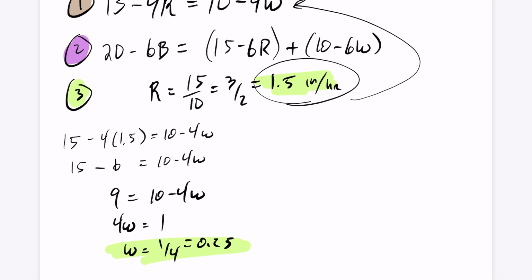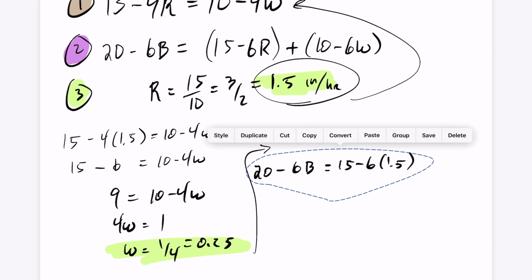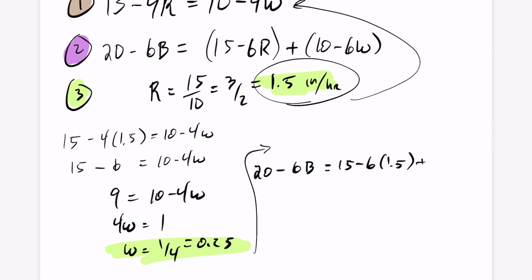And then lastly, I can solve for B here, subbing this into equation 2. So if I go to equation 2, I have 20 minus 6B equals 15 minus 6 times the burn rate of R, which I know is 1.5, and I also know the burn rate of W is 0.25.